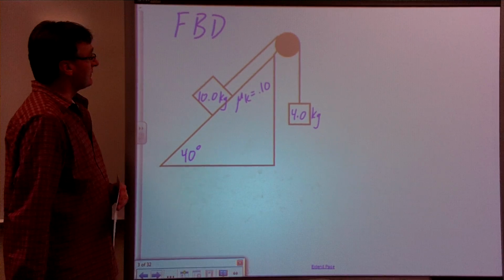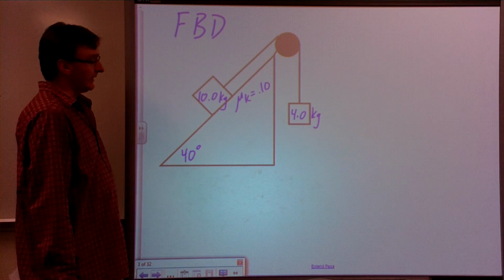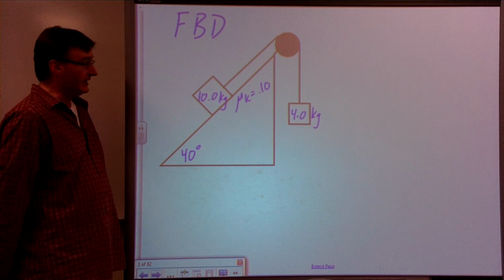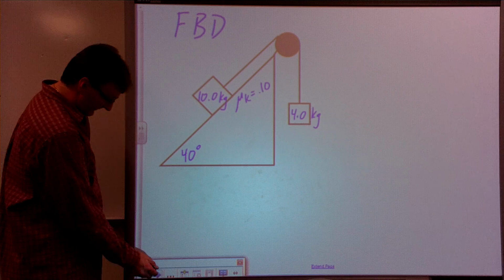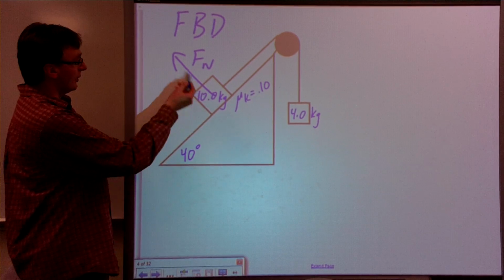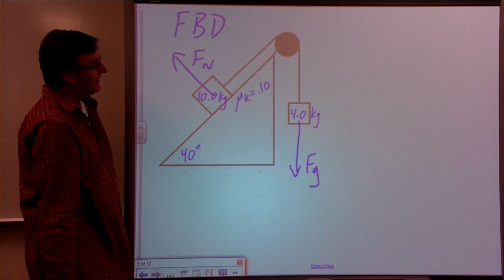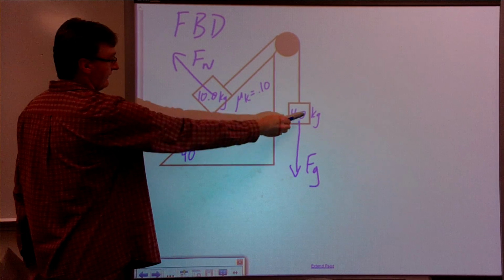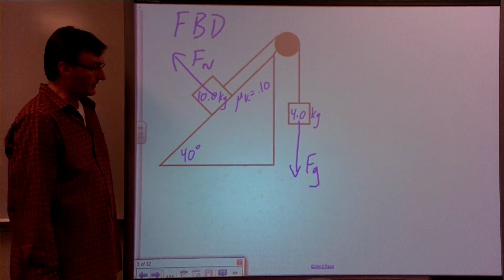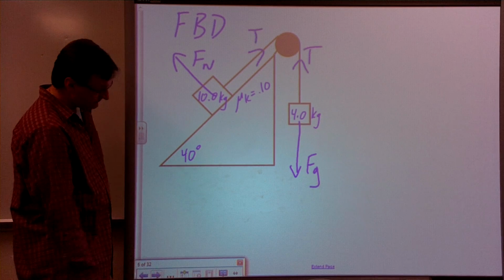Well, the first thing that we'll start with is the free body diagram. We need to put all of our forces on there. So we have our normal force, again perpendicular to the surface of the inclined plane. We have the force of gravity on the 4.0 kilogram object.